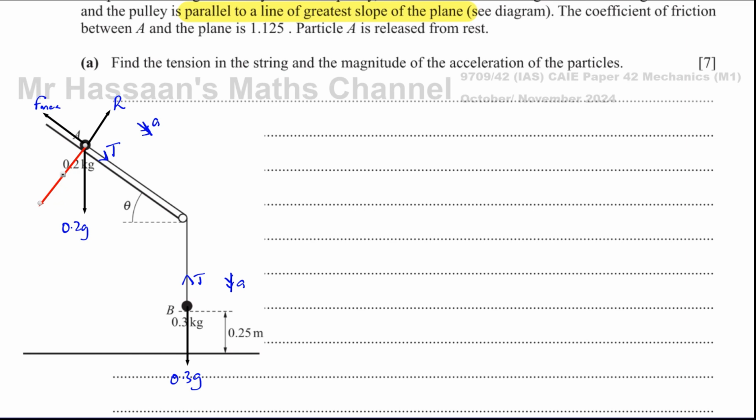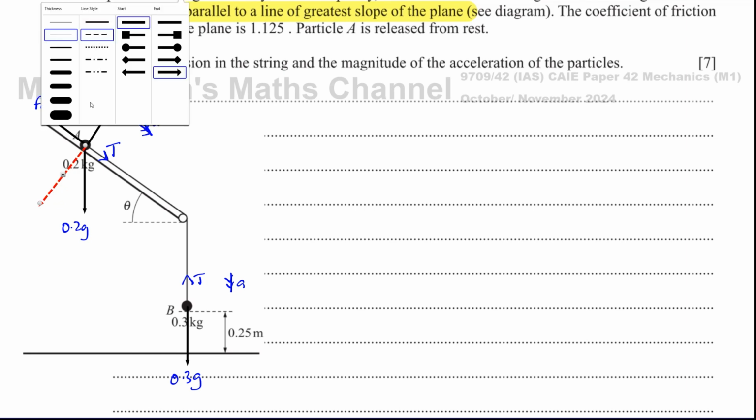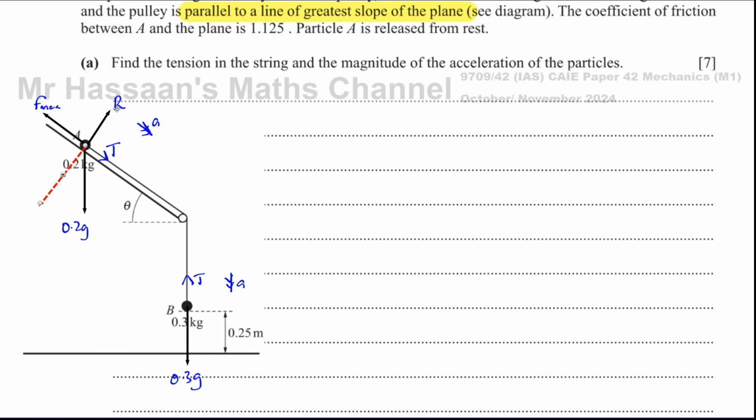Let me just put that as a dotted line. And also perpendicular to the plane, like that. Oops, it's supposed to be dotted.